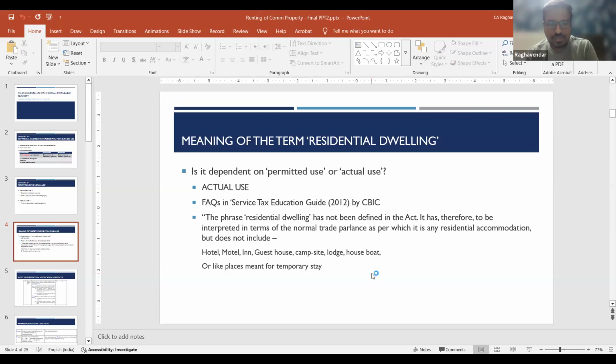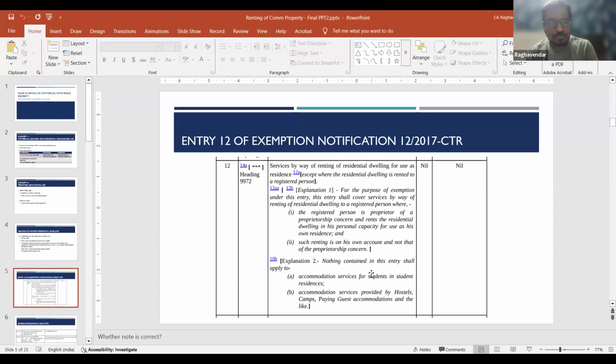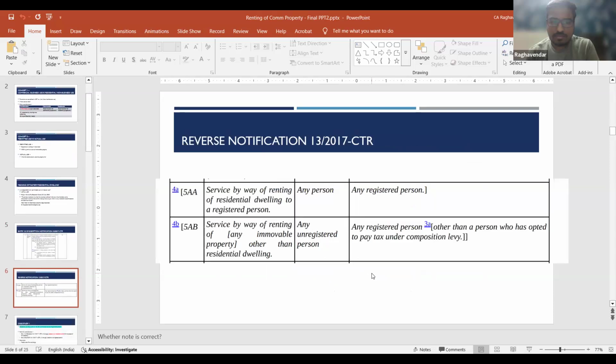Based on this first understanding, when it comes to renting or leasing service, there is one specific entry in the exemption notification and two specific entries in the RCM notification, which we will come back to again and again. The first is entry number 12 of exemption notification 12/2017 CTR, and in notification 13 it is entries 5AA and 5BB. We will come back to this once we start off with the cases.